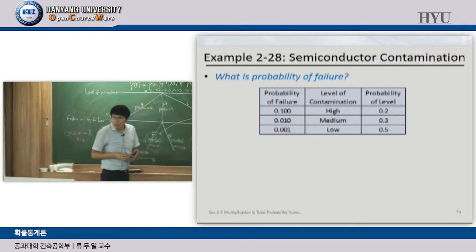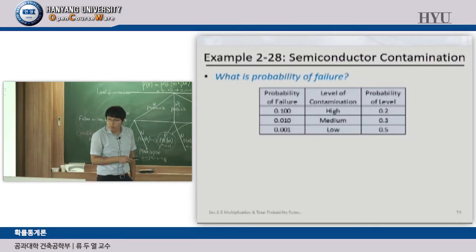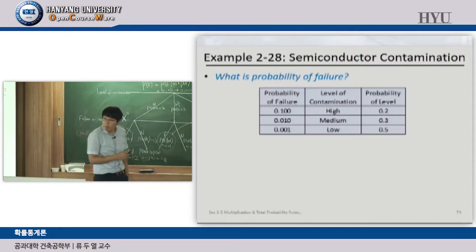Okay? So that is the probability of failure from this table. Okay? So we can simply calculate the probability of failure using this tree diagram.